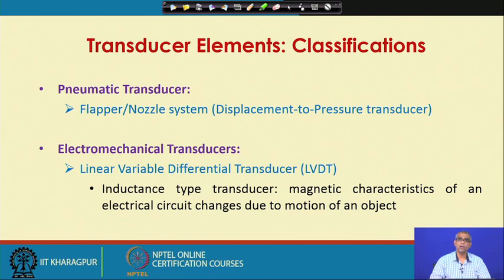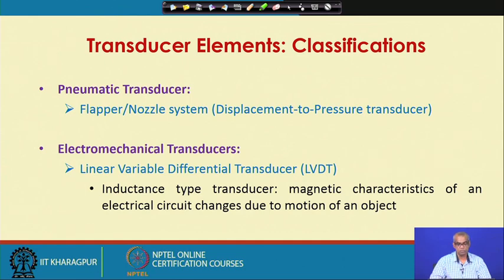There are others such as acoustics or optical, which we will not cover in this lecture. Under pneumatic transducer we will talk about a flapper nozzle system, which is a displacement to pressure transducer. So, flapper nozzle system will receive displacement as input and will give you pressure as output. This is an important pneumatic transducer.